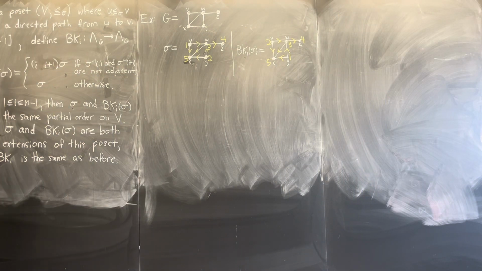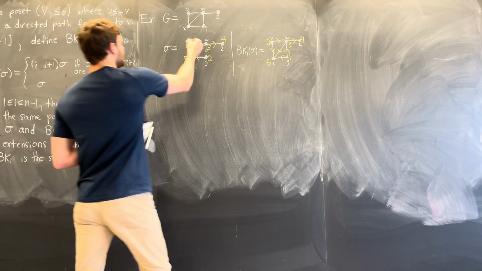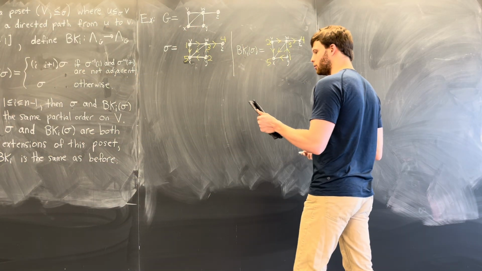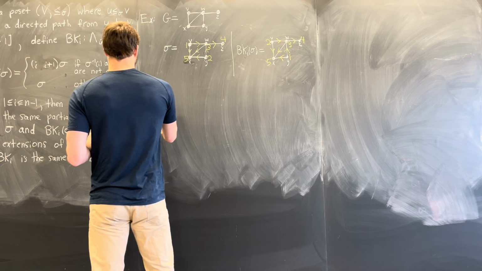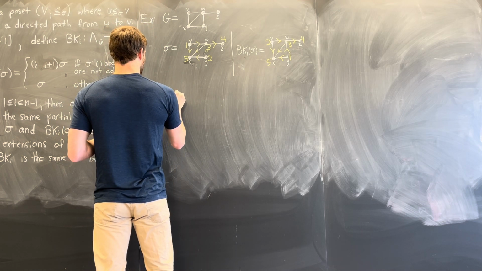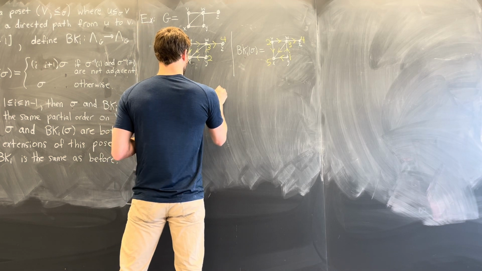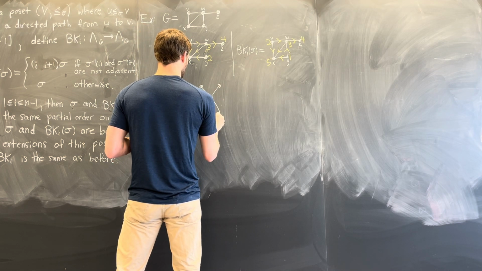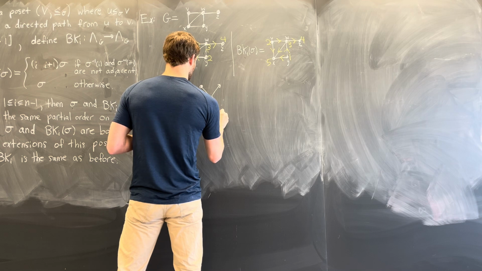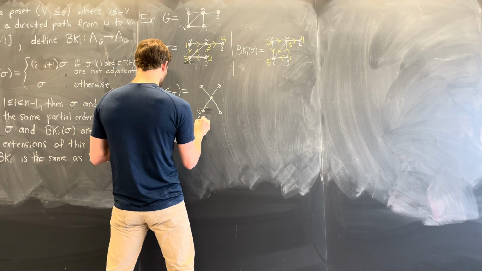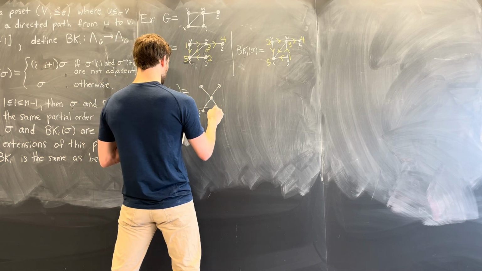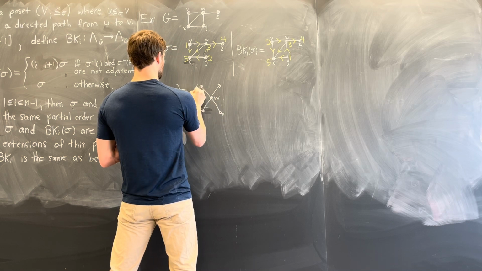And now I can draw the poset, and you'll see that V and Y are incomparable in the poset. So here's V, comma, less than or equal to sub sigma. It's this poset that looks like this: this is y, v, w, x, z.